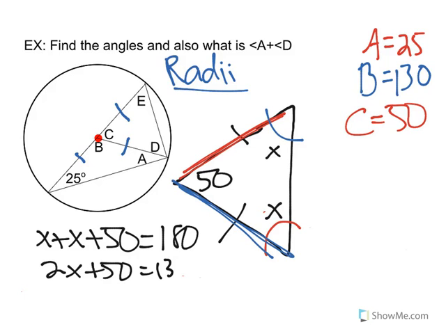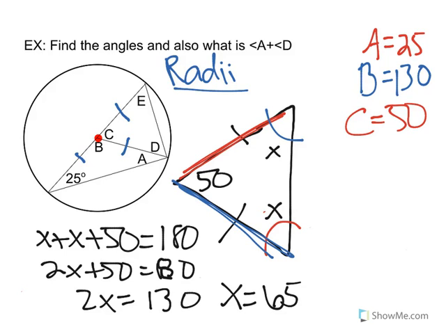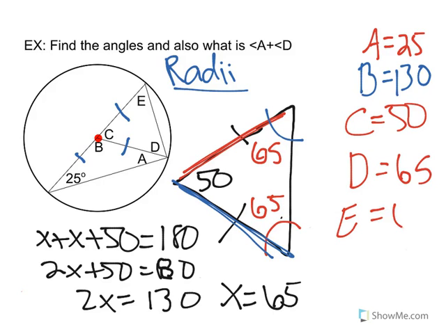And solve. And you get x is equal to 65. So that means that we'd have 65 degrees here and also here. So angle D is 65 and angle E is 65.